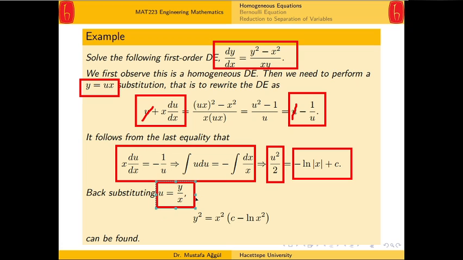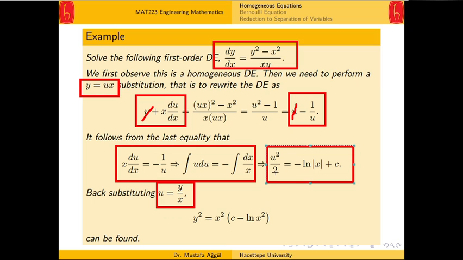Okay, if you substitute this quantity into the expression in the last solution we found, this will give us y squared equals x squared times (c minus ln x squared).